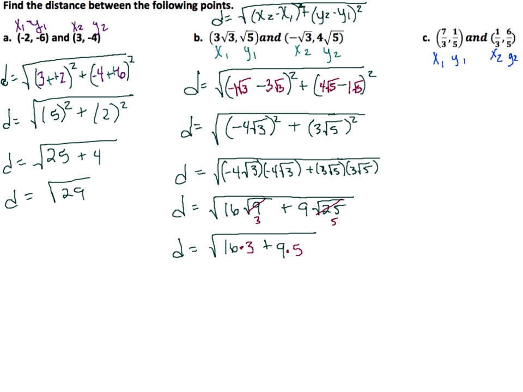Whenever a coefficient is in front of a root, that is multiplication that's happening there. Just to remind you of working with radicals. 16 times 3 is 48. 9 times 5 is 45. Square root of 48 plus 45, let's see, 3, carry my 1, square root of 93.